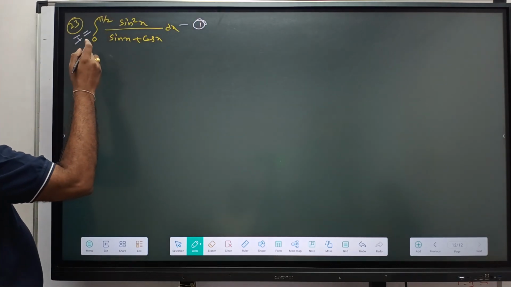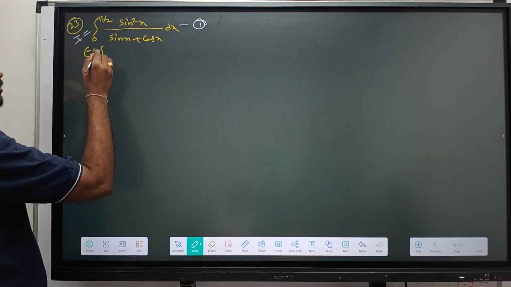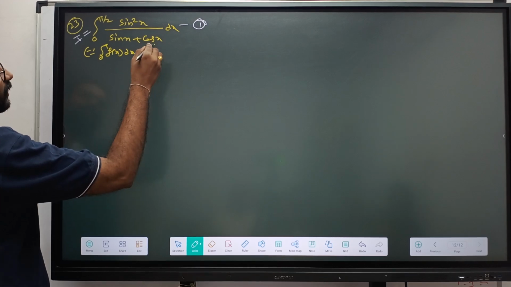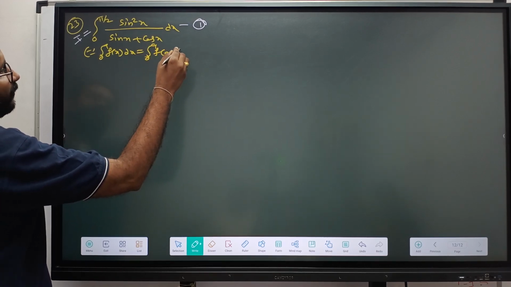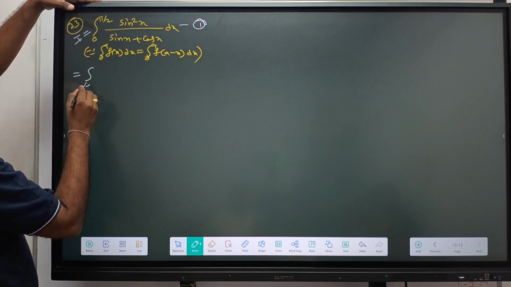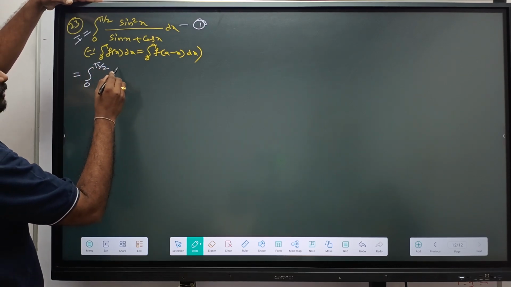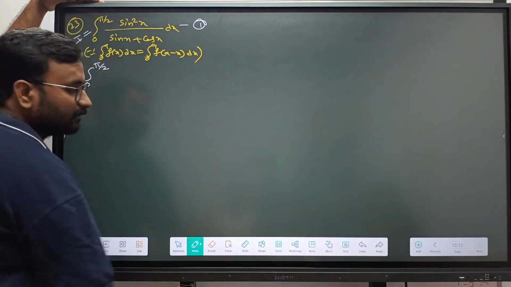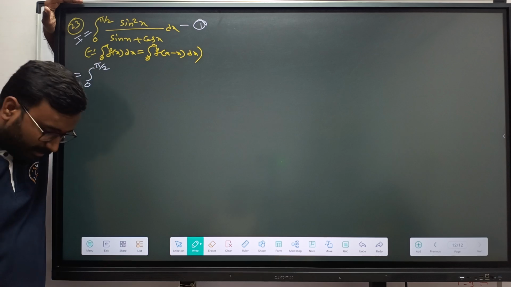Now by property, integral 0 to a f of x dx is equal to integral 0 to a f of a minus x dx. Now substitute, which is equal to integral 0 to a, means 0 to pi by 2. Sin square x will become cos square x. Can I write directly?